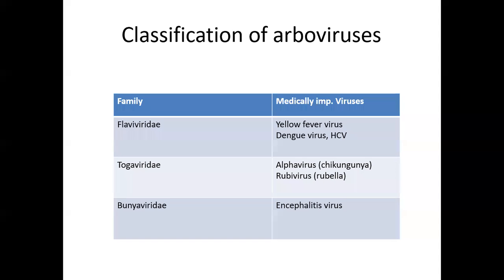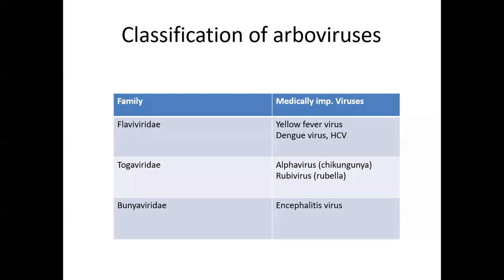Among the Togaviridae family, the well-known members are chikungunya. You might have heard about that in the past, that some cases happened in a big city, Karachi, in which rashes appeared on the skin, and this was the chikungunya virus. The second one is the rubella virus.